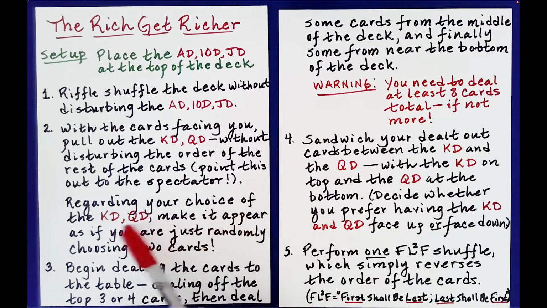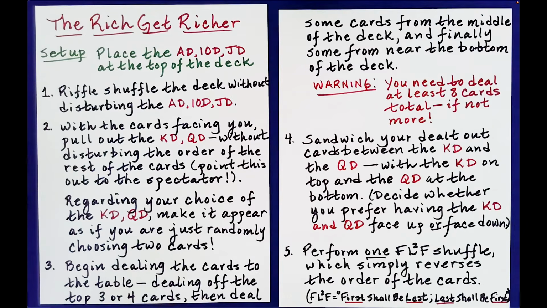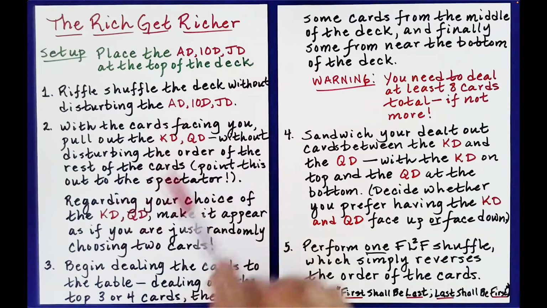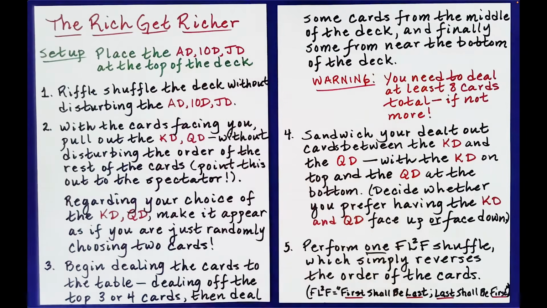Regarding your choice of the king of diamonds and queen of diamonds, make it appear as if you're just randomly choosing two cards. And if you go back and watch my performance, that's what I did. I made it out as if I didn't know ahead of time which cards I was going to choose, but in fact I did. I wanted these two so that I could complete a royal flush right there.